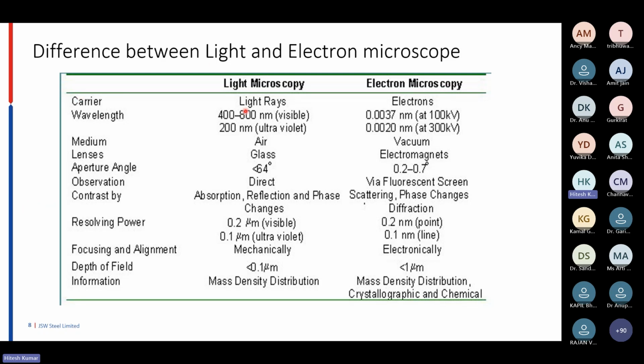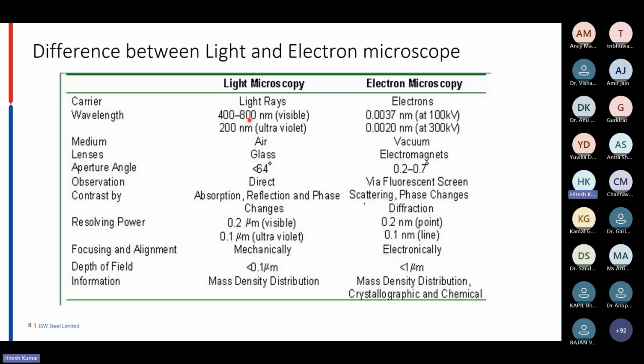Let's take two examples: light microscopy and electron microscopy. What is the carrier? The carrier is which rays or which source you are going to use. In light microscopy you use light as the source, but in electron microscopy you use electrons as the source. What is the wavelength?